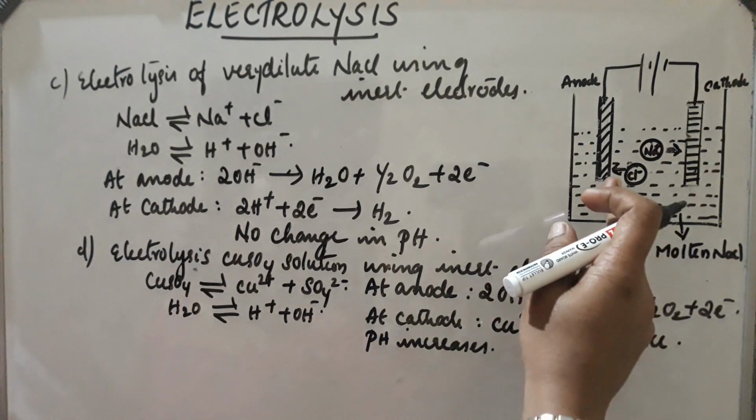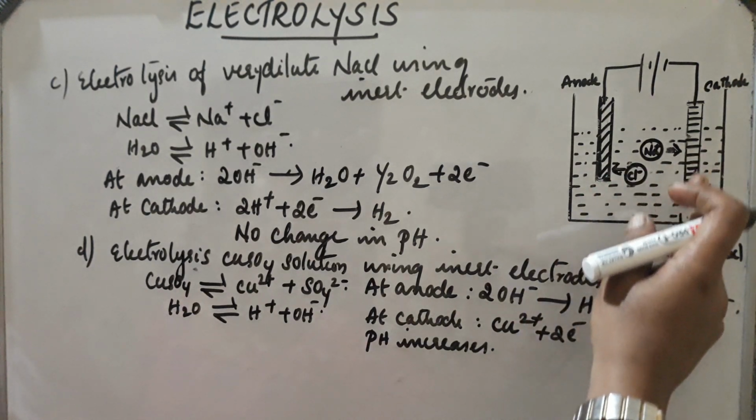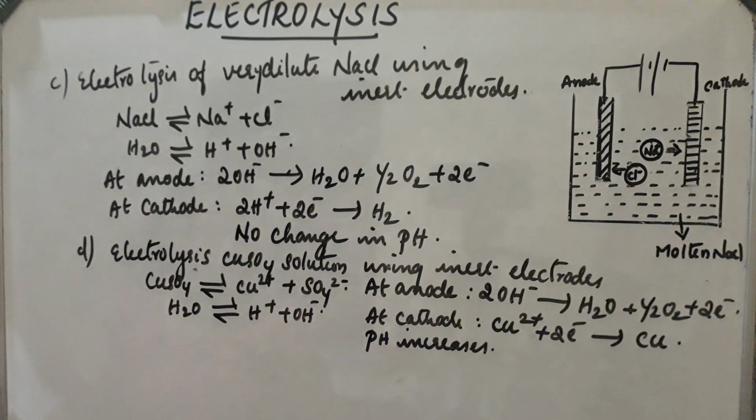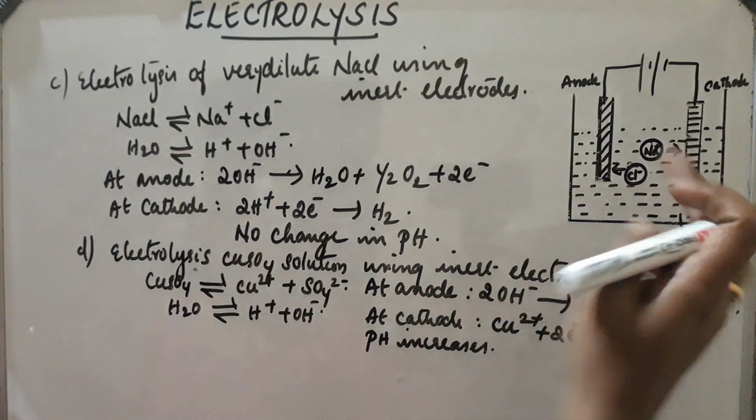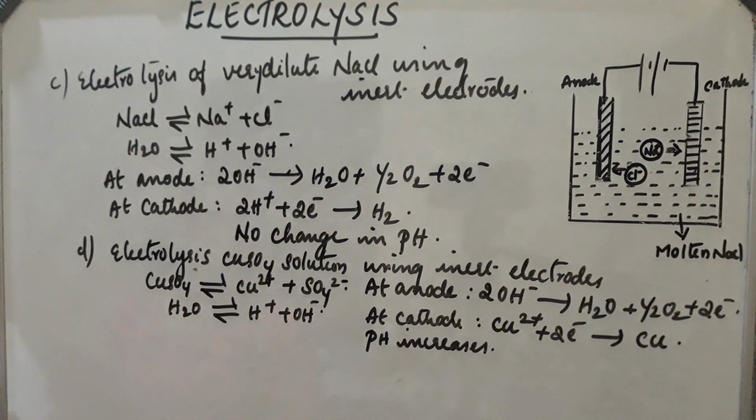At the same time, this Cu2+ moves towards the cathode and gets deposited there. So the weight of the cathode increases whereas the weight of the anode decreases. This is the process if we are using copper electrodes as anode and cathode.